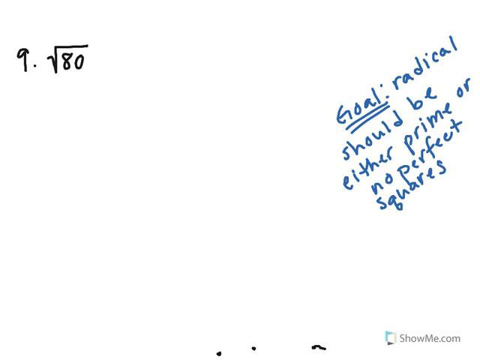So once again, I'm going to start my factor tree, and I'm going to start breaking this down as much as I can. I know that 2 goes into 80, and 2 fits in 40 times. This is prime, so I'm not going to break that one down anymore. 40 is going to be 5 times 8, and 5 is prime.